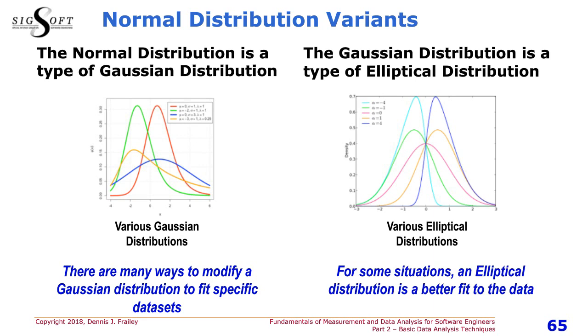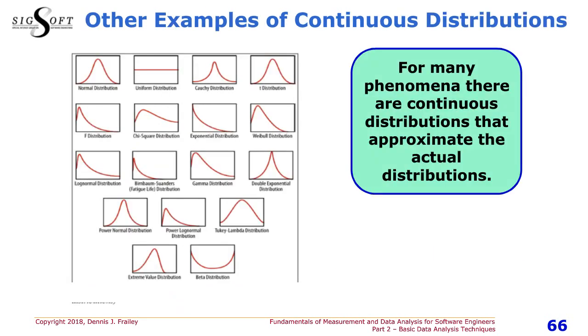And one of the reasons I showed that is that sometimes you find that a normal distribution doesn't fit your data, but one of the other distributions does. And here are some examples of some of the most well-known distributions that statisticians have come up with. You'll notice that they're various shapes, and you may find that your data fits one of these shapes.